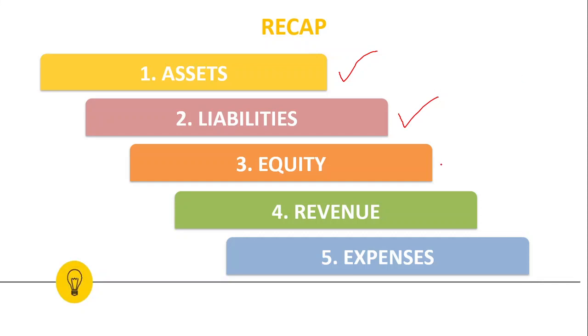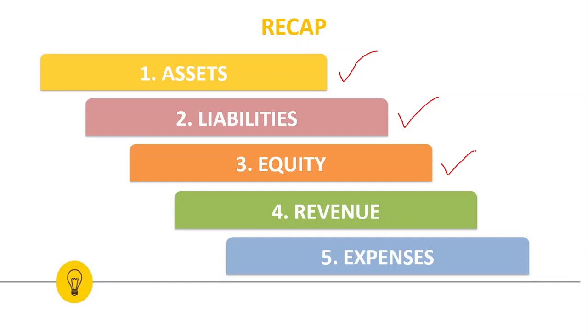The third element was capital or equity, owner's equity. In case of a sole proprietorship, with a single owner, the capital or equity is invested by one person who subsequently manages and controls the business. But in case of partnership, owners can be two or even more than two. In a general partnership, there are 2 to 20 owners or partners.